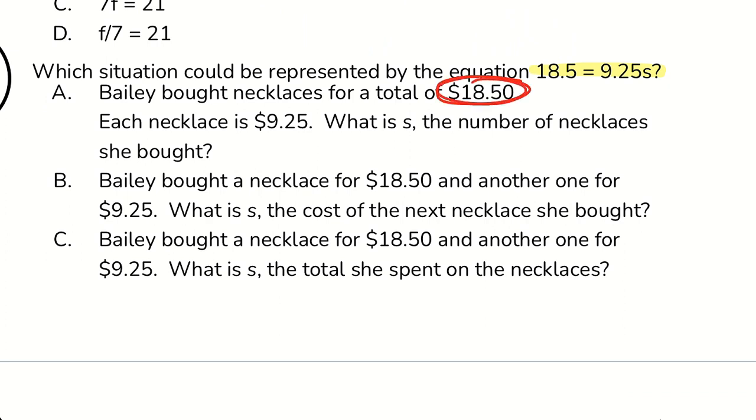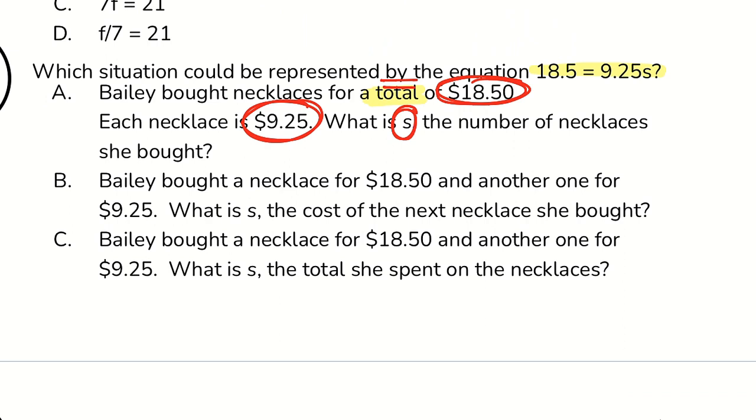So I like that it starts with that. $18.50. And I also saw the keyword total, which means equal. And then it says each necklace is $9.25. What is S? There's our variable. The number of necklaces that she bought.